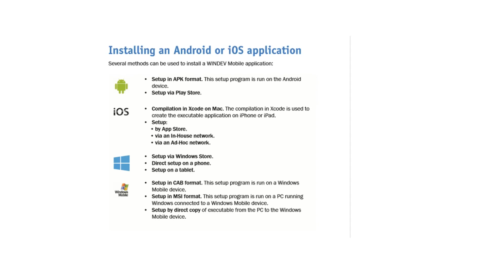Now here you have seen here setup in APK format. Here you have to create .apk file which we have to put on the mobile of Android. We have to directly run .apk file on the mobile device. For that you have to create .apk file.